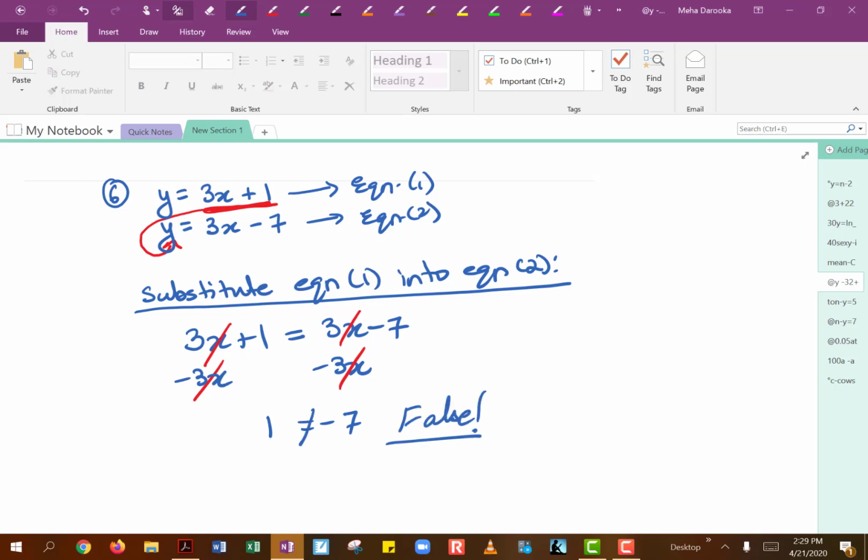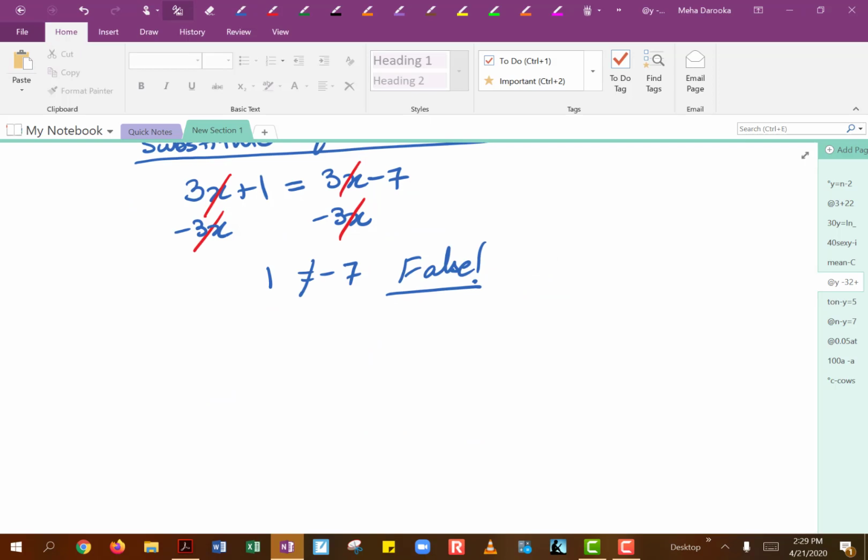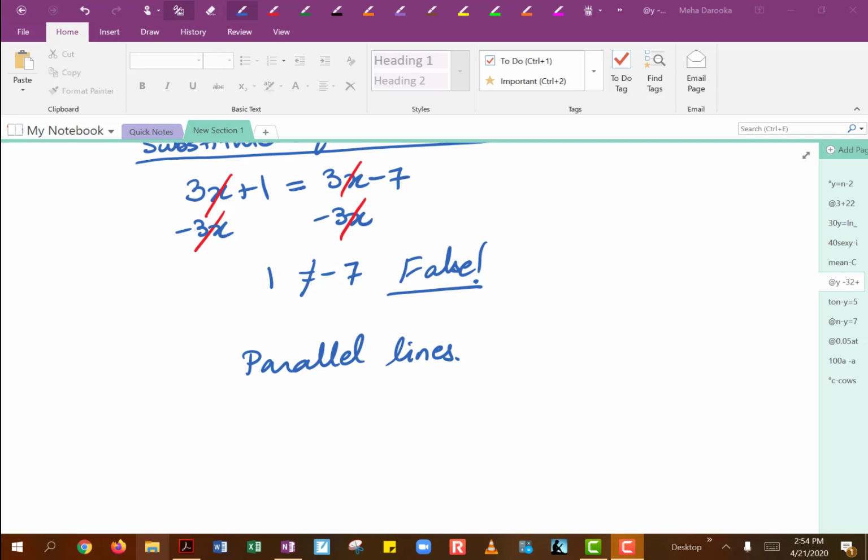And of course, we expected this to happen because, like I said, we knew these were going to be parallel lines. So as you can see, we were trying to get x by itself, but the x canceled out, and you ended up getting a false statement. So this only happens when we have parallel lines. So this means we have an inconsistent system.